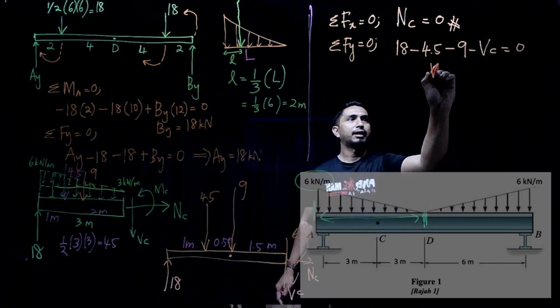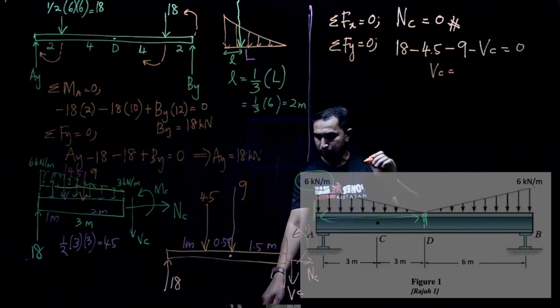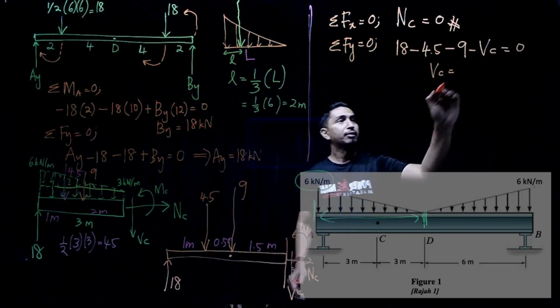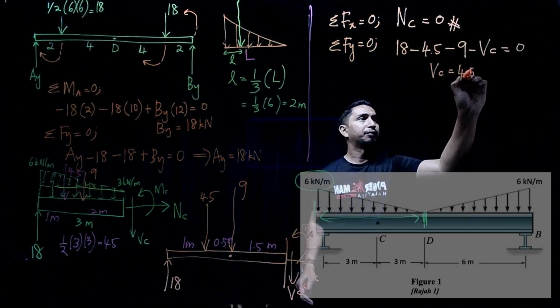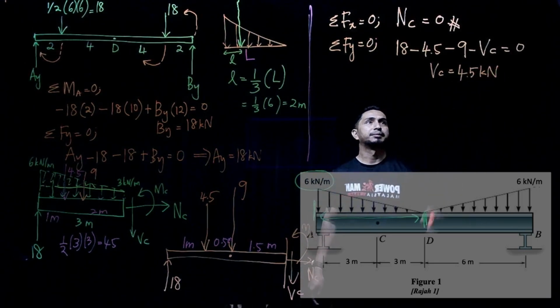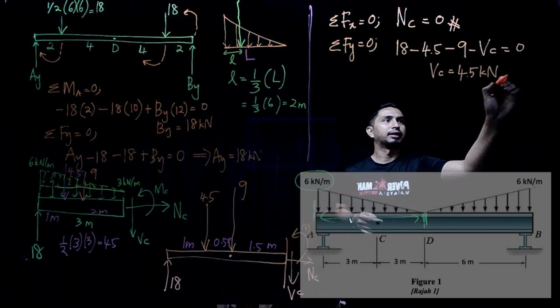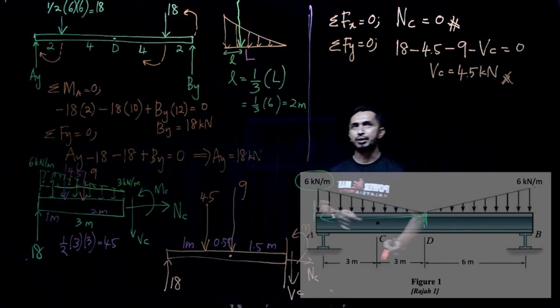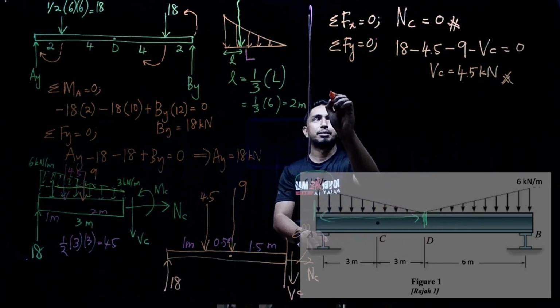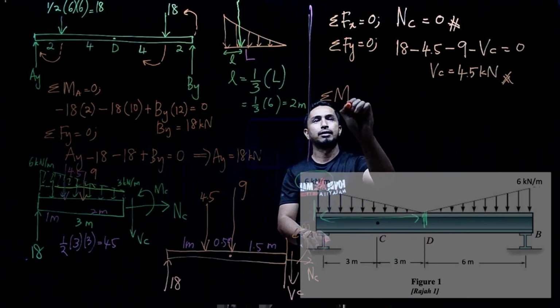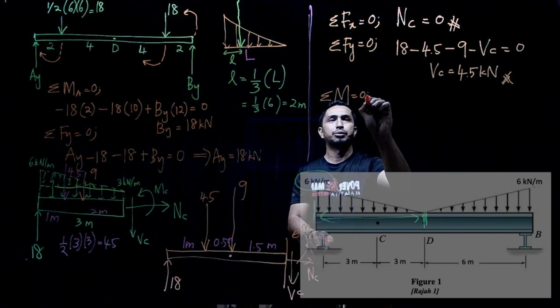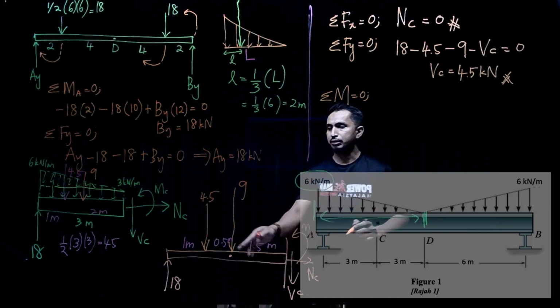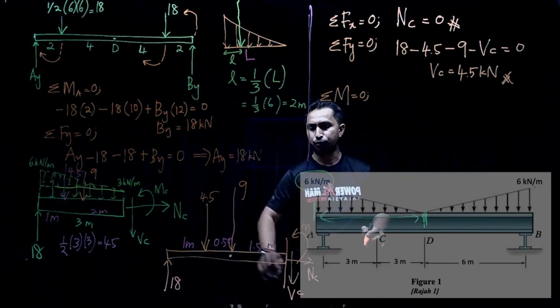We rearrange that equation. VC will equal 4.5 kilonewton. And the last one, moment. Summation of moment equal to 0. So I will start with the last force from here.